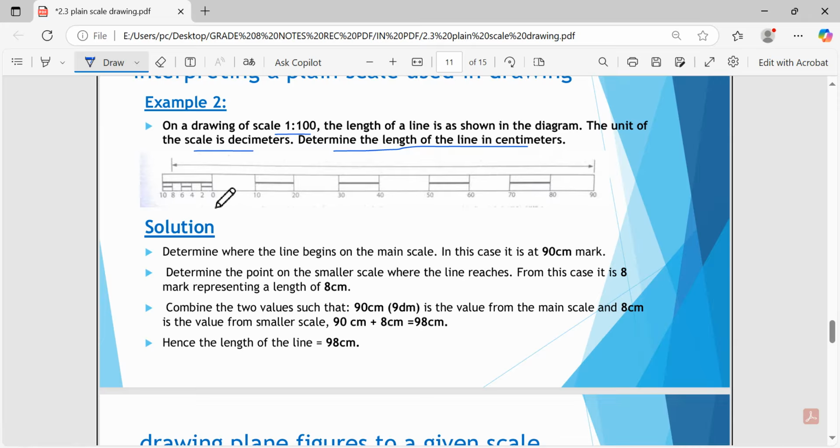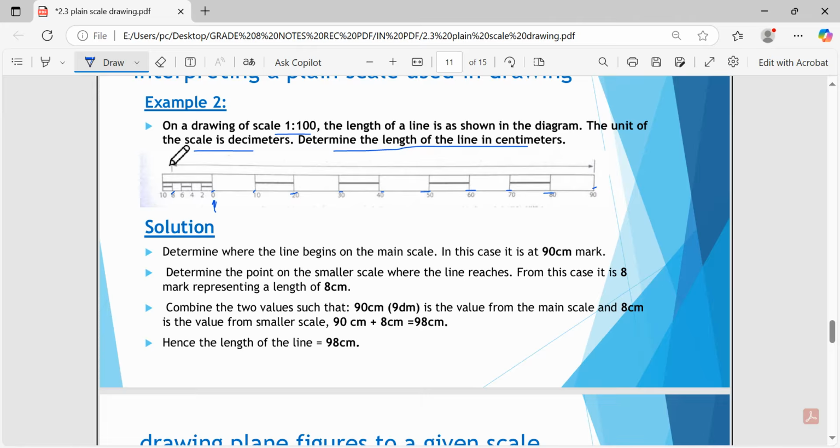First of all, we said we start from the 0 point, and this is our 0 point. So from 0 we get 10, 20, 30, 40, 50, 60, 70, 80, 90. Then from 90 we come again from this point and say this is 92, 94, 96, 98.